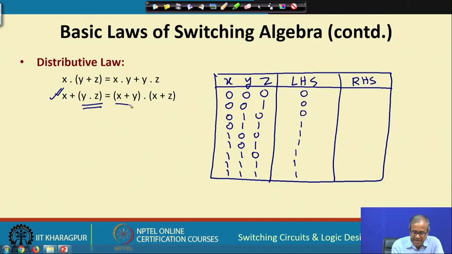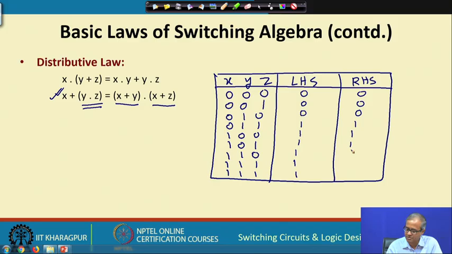Right hand side, you see x or y, x or z, and of that. x or y 0 0, x or z 0 0, and of that is 0. Next, x or y 0, x or z 1, 0 and 1 is 0. x or y 1, x or z 0, and 0. x or y 1, x or z also 1, and of it is 1. x or y 1 and 0 is 1, x or z also 1, and 1.